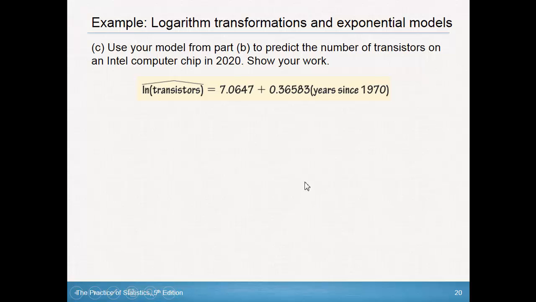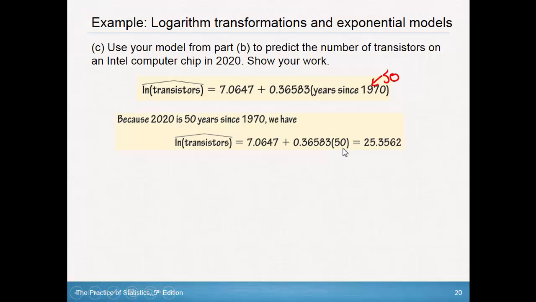So now we're going to use that to predict the number of transistors on an Intel computer chip in 2020. Well, 2020 is 50 years since 1970, so we're going to plug in 50 there. And when we figure out this right side, the natural log of the transistors equals 25.3562.